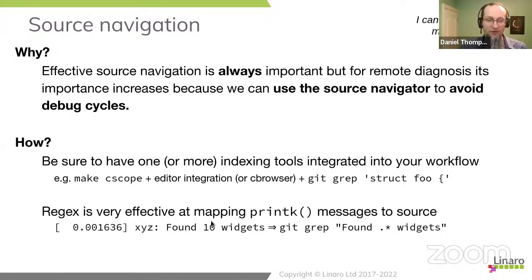In this case, I've guessed which ones are variables and which ones are fixed strings, and I can search for found wildcard widgets. And that has a good chance of showing me the places in the kernel that could emit that type of message. So by a combination of stripping off the tags, finding the unique parts of the message and then getting rid of the variables by wildcarding them, you've got a very good shot at finding exactly where in the source a message that you find in the printk buffer has come from.